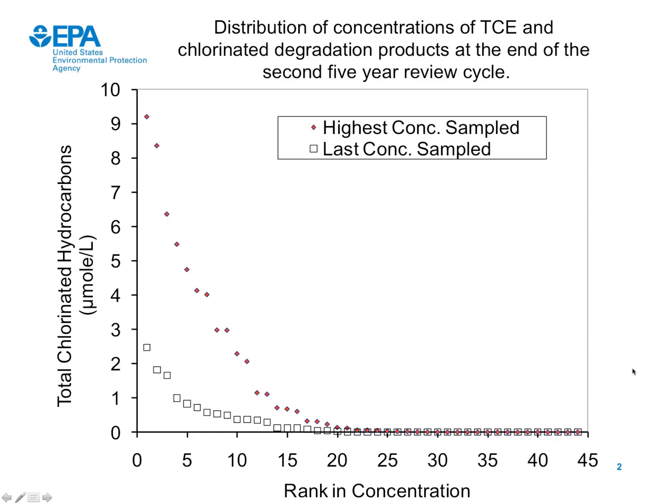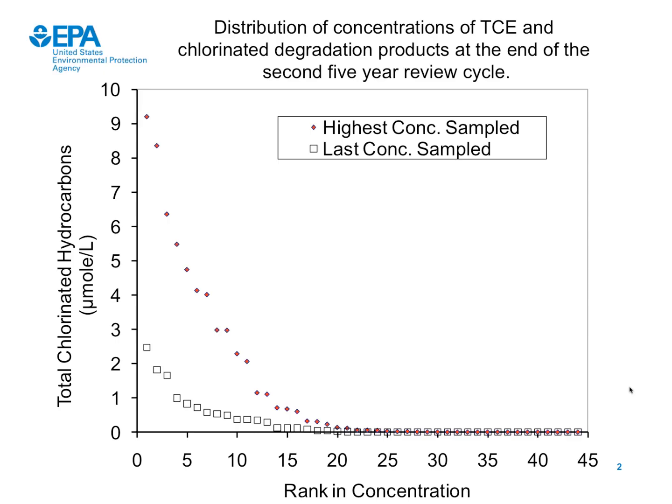I was asked to evaluate a 5-year record of decision review for this particular site, which is in Louisiana. And so I worked it up in terms of where the concentrations were and what the trends were in concentration.